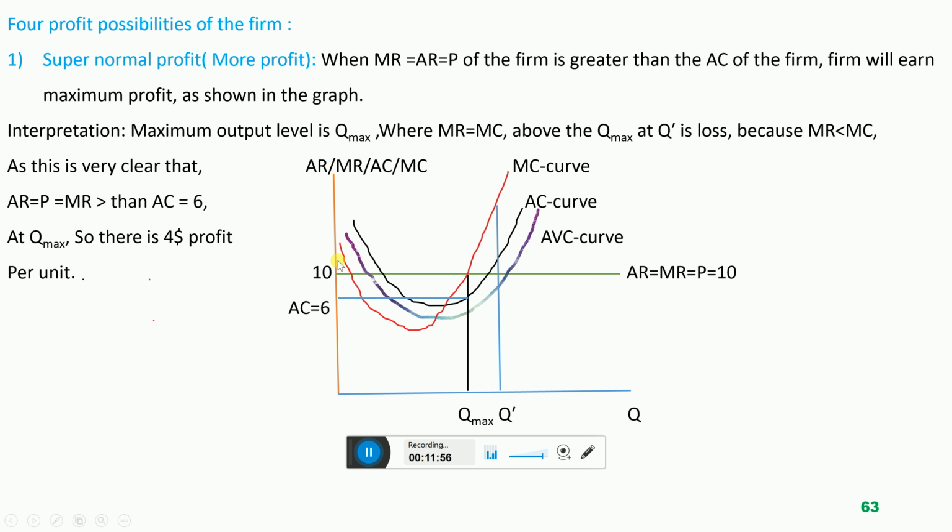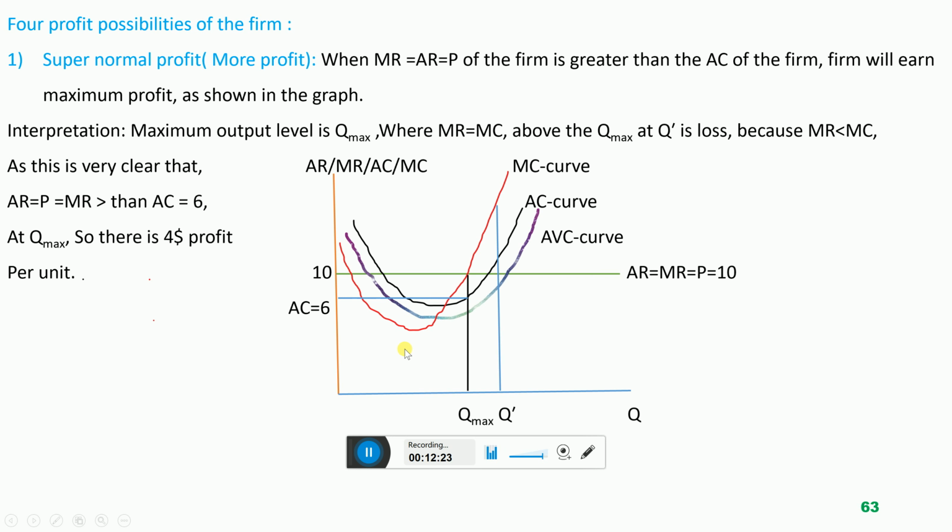So if you are here, cost is more than revenue, it does not mean that business should stop. No, business should produce more and more to reduce the cost and increase the profit, increase the revenue. Now as output increases from here, marginal cost is decreasing, average variable cost is decreasing, average cost per unit is decreasing.